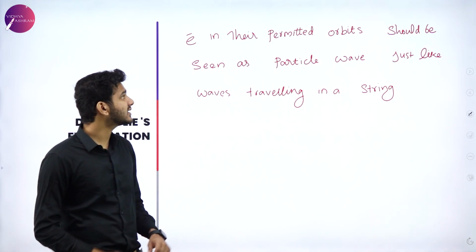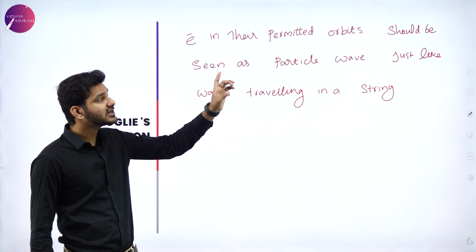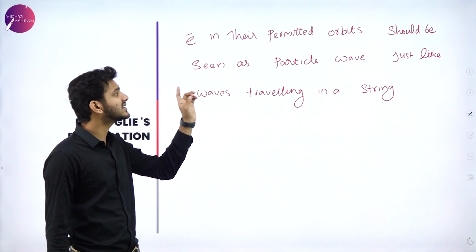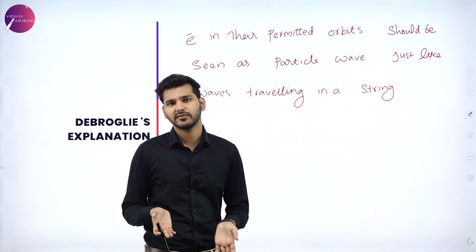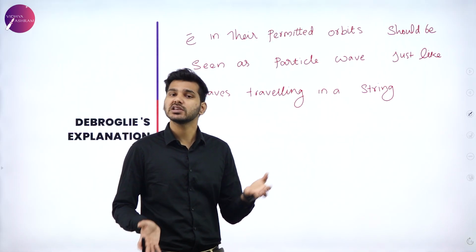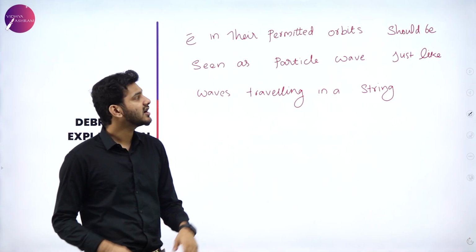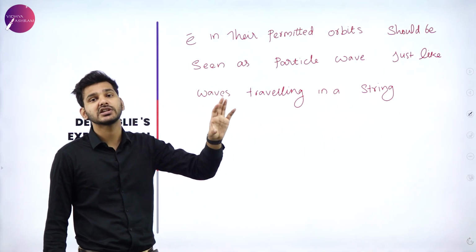So we can say that electrons in the permitted orbits should be seen as particle waves. That is, again, whatever we said in the previous chapter, he's just applying the same theory here. And again, the electrons are treated as waves.